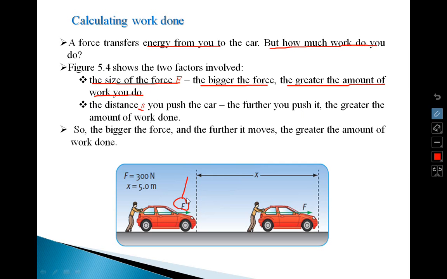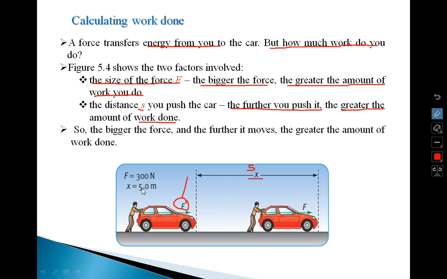The second factor is the distance, x here. Let us say this is the distance you push the car. The further you push it, the greater the amount of work you do. Pushing this car 5 meters is different from pushing the car 10 meters.